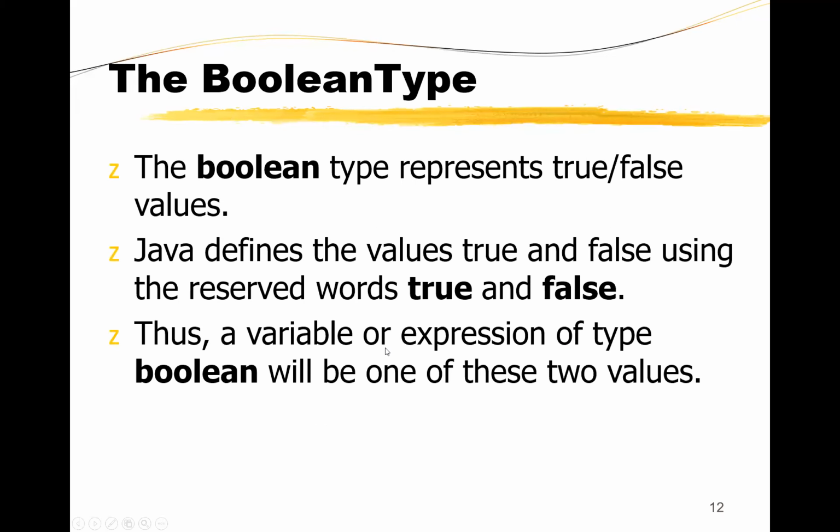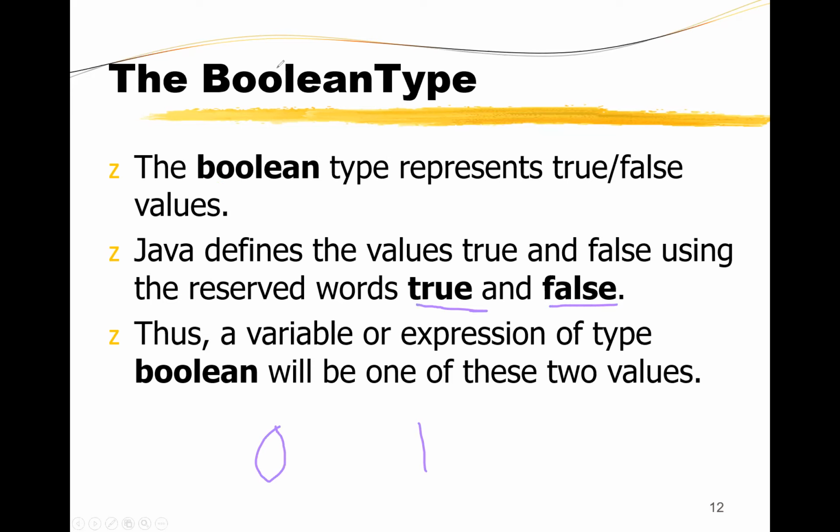Now, the boolean type. A boolean variable can hold either true or false values. It is one byte in size. Remember, the boolean value does not mean 0 and 1. 0 does not mean false and 1 does not mean true. If it is true, you type it as true; if it is false, you type it as false.